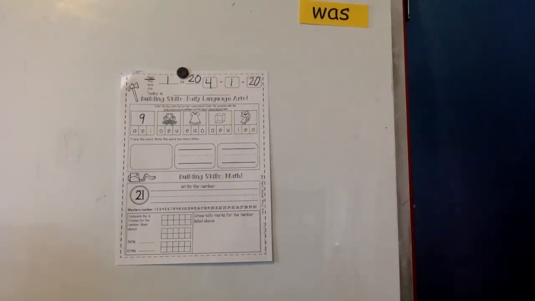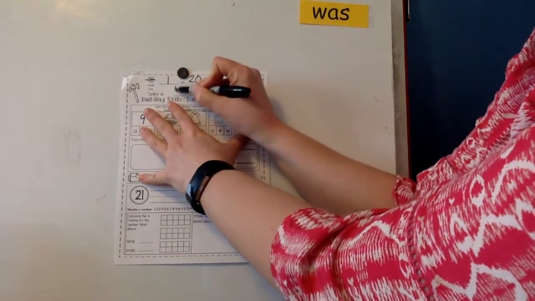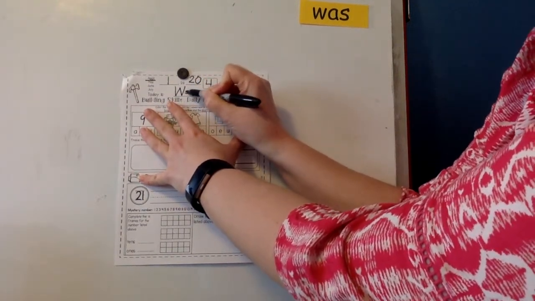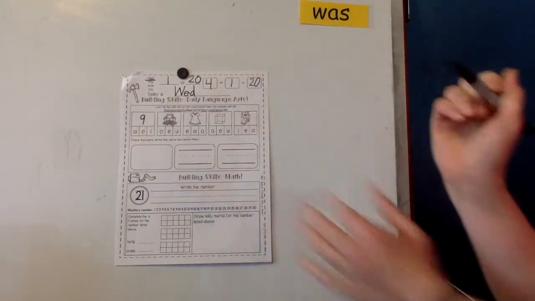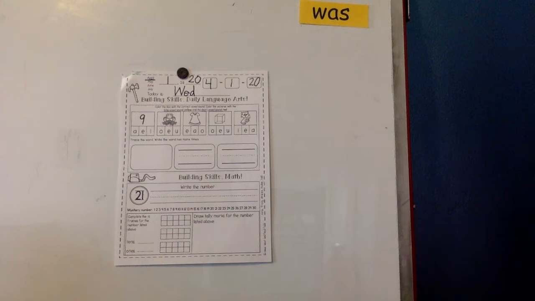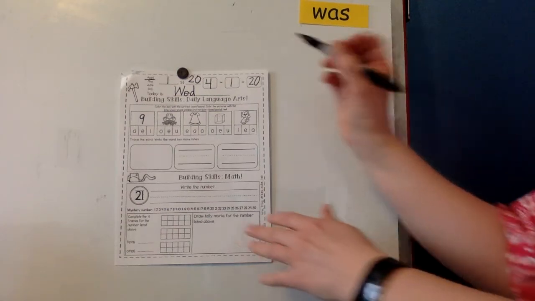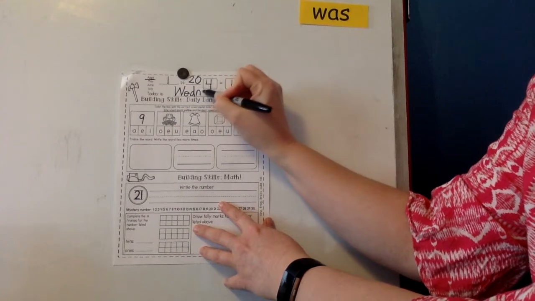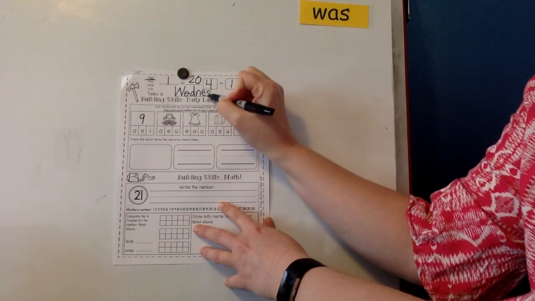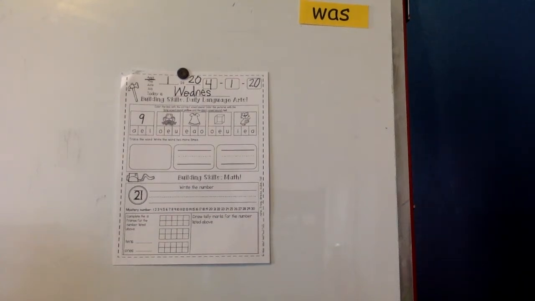All right, today is Wednesday. Wednesday is the longest word we have to write, so we'll do it in 3-letter parts. So we'll start with the capital W, E, D. And notice that my E is smaller than my W or my D. Okay, now we're going to write N, E, S. And the last part we have to write is day.